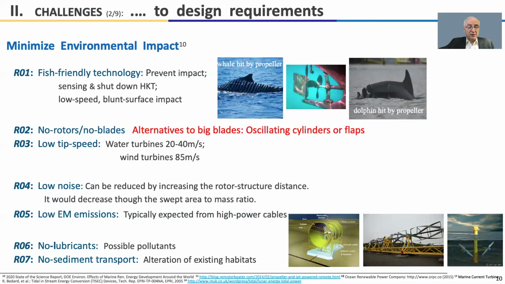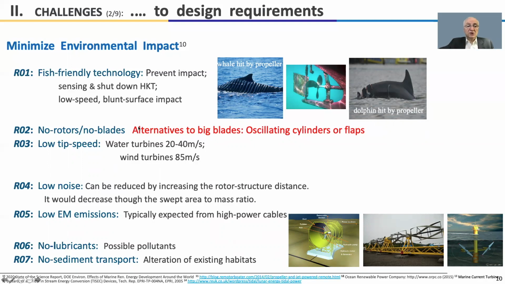We have identified 27 design requirements. Probably the list is by no means exhaustive, but on the other hand, we have probably identified the most important ones in several categories. It's important that we have fish-friendly technology, which means we need to prevent impact either by using sensors and shutting down hydrokinetic turbines, or somehow having blunt surfaces for impact with low speed, because high speeds, like for example what we get in water turbines, 20 to 40 meters per second, and wind turbines, 85 meters per second, those are deadly.